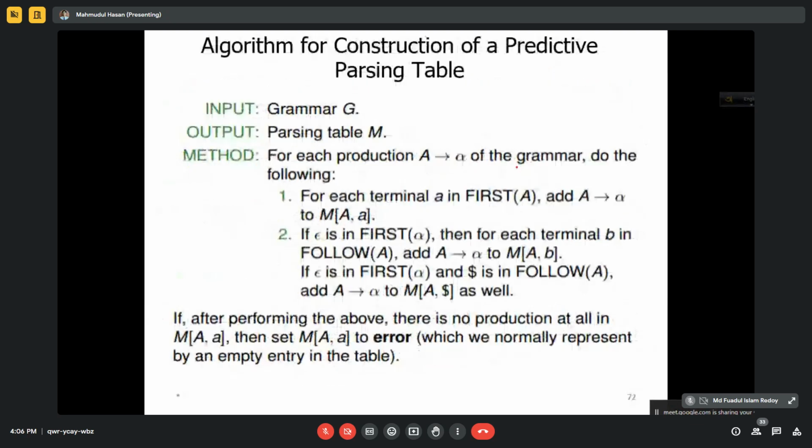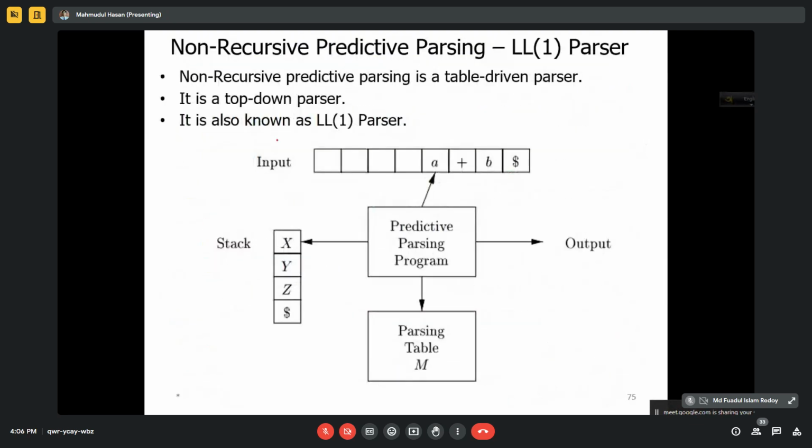Another thing I want to discuss, but that is maybe not part of your final exam. Our goal was to construct predictive parsing; that's why we learn first and follow. Predictive parsing means there is no need to backtrack.